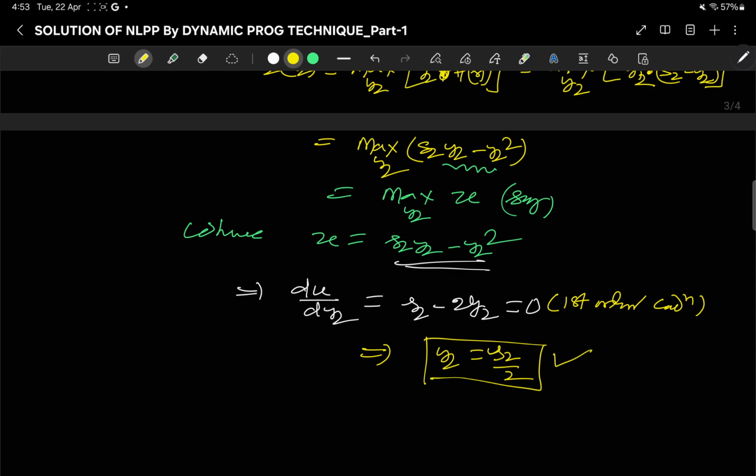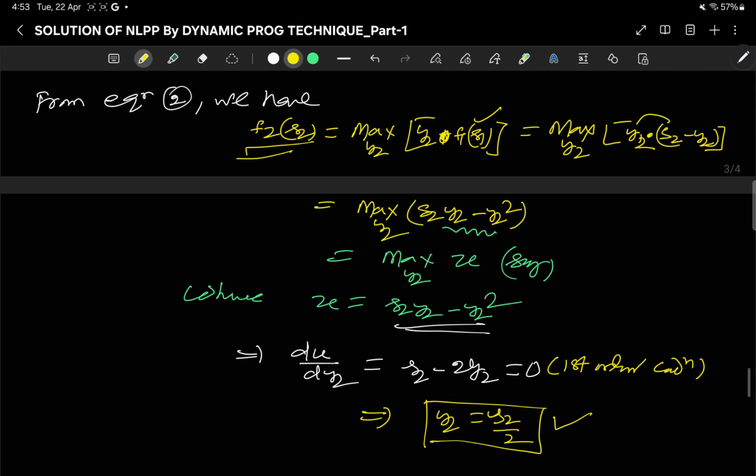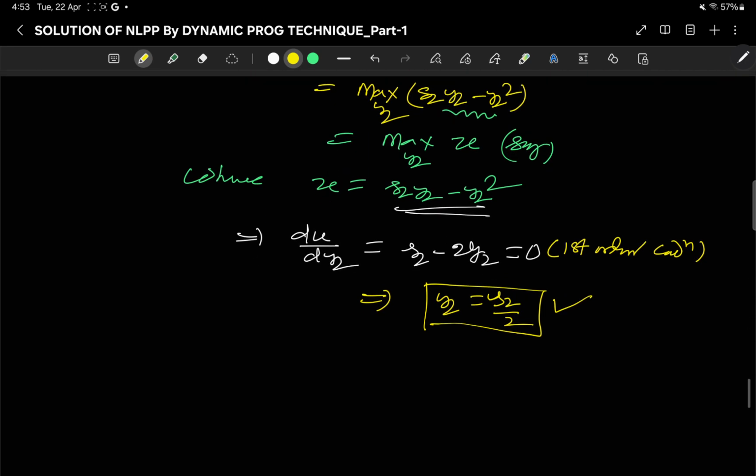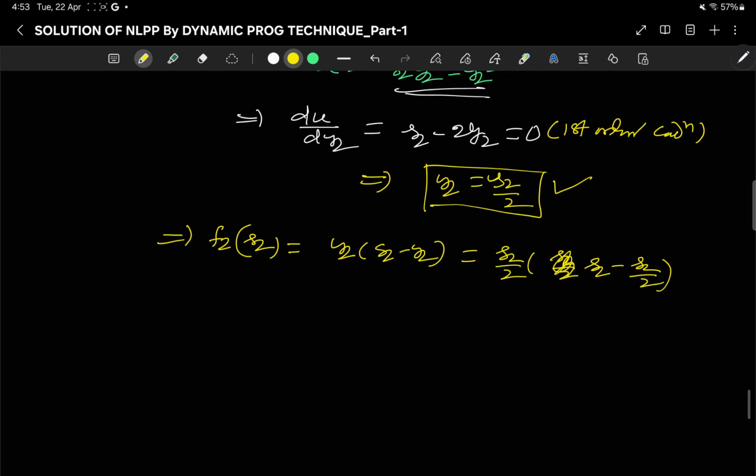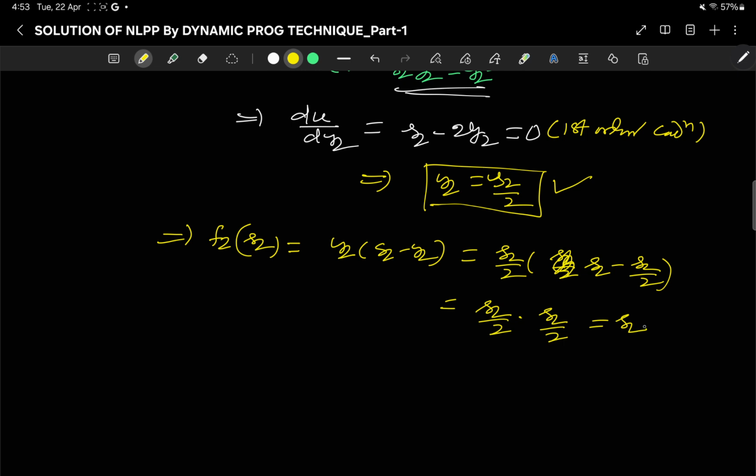With this value, what is my f2(s2)? f2(s2) is equal to y2 into (s2 minus y2), which is s2 by 2 into (s2 minus s2 by 2), which is s2 by 2 into s2 by 2, so it is s2 square by 4.